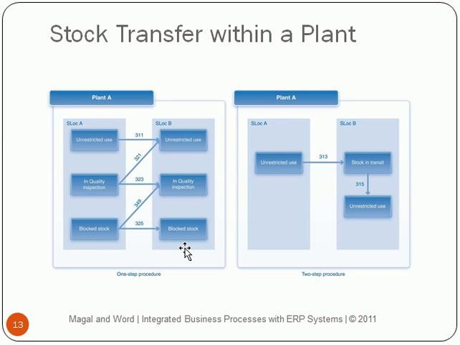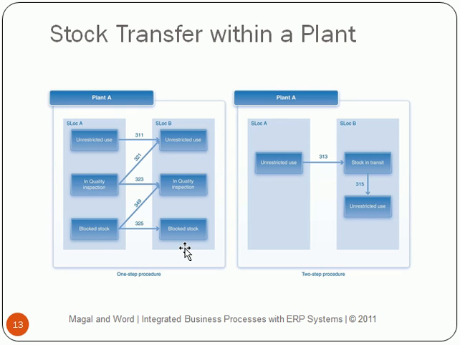Now, if you are moving within the same plant and you are using the one-step procedure, where in one document you are specifying the sender and the receiver, and there is no change in the value of the product, then I can be in any status in A and move to another status in B. It doesn't make sense, of course, to move from blocked all the way to unrestricted.